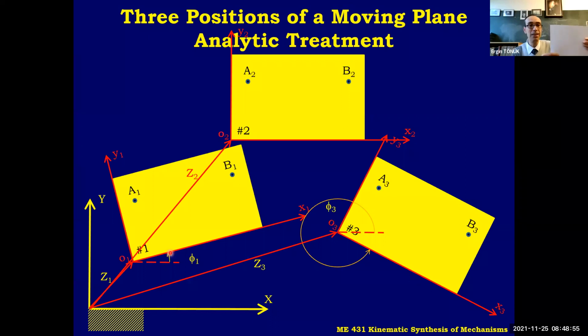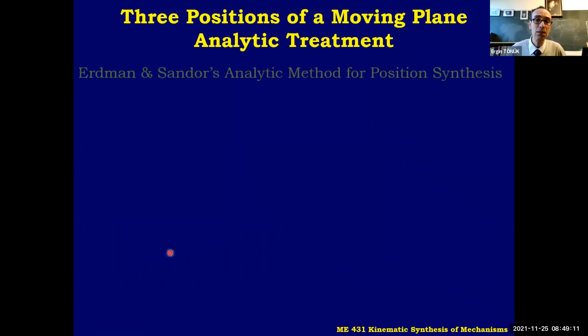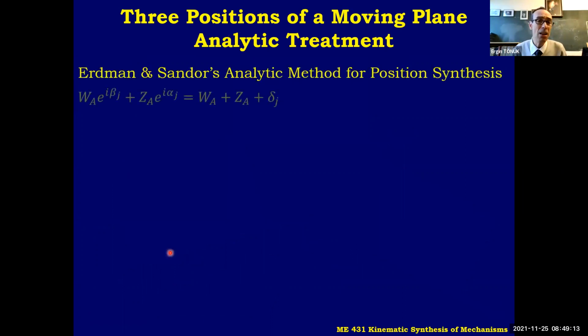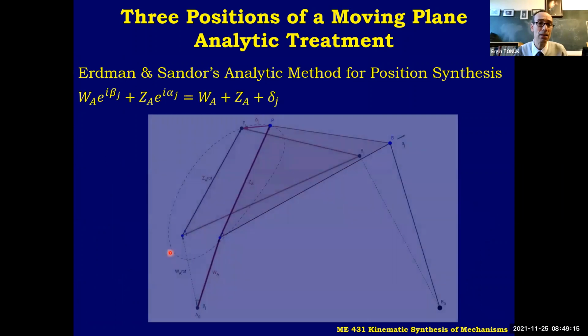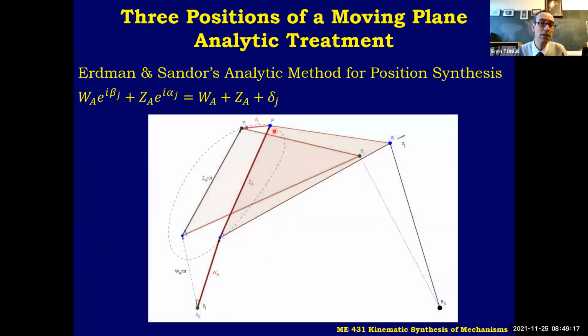So the graphical and analytical treatments use different approaches. In graphical treatment, you had 2 points defining this plane, and you have its homologous positions, okay? Whereas in analytic treatment, we define the positions by the displacement of the representative point and the relative rotation between the two.